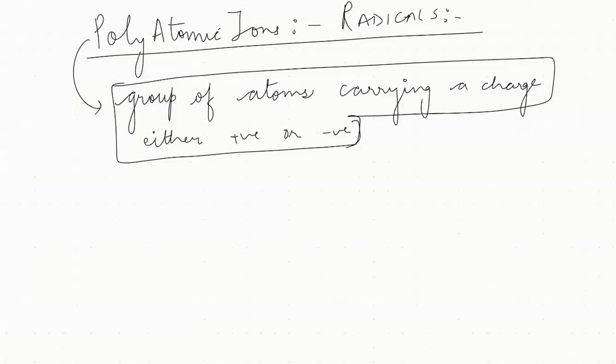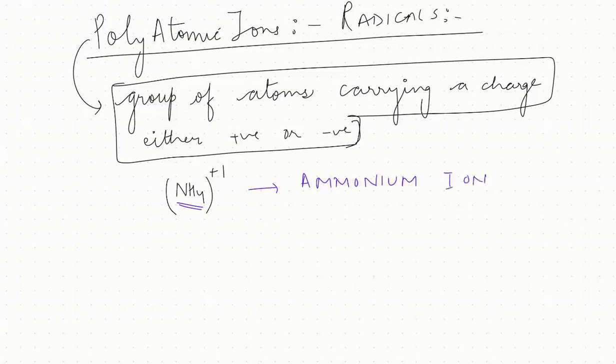So let's suppose we would have NH4 plus. A group of one nitrogen and four hydrogens together carries a plus one charge, and hence it would be the ammonium ion. Do you understand my point?